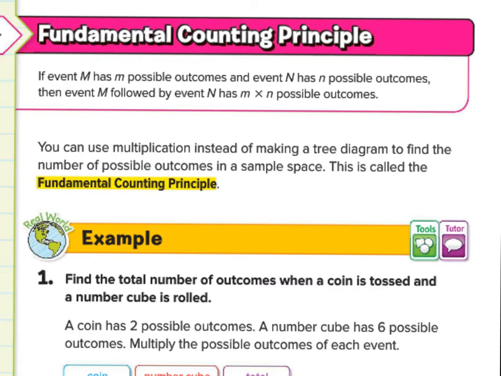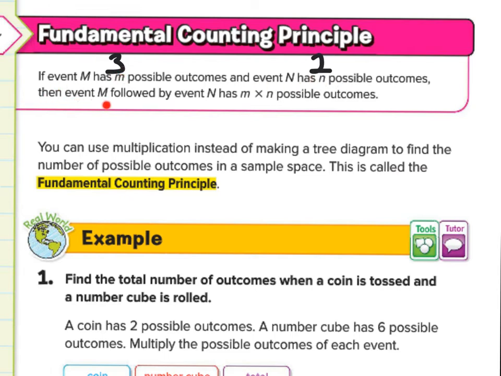For example, if event M has M possible outcomes, so let's just say it has 3 possible outcomes, and event N has N possible outcomes, we can replace this variable with 2. So let's just say here we have 3, and over here we have 2. I'm just choosing random numbers for this.